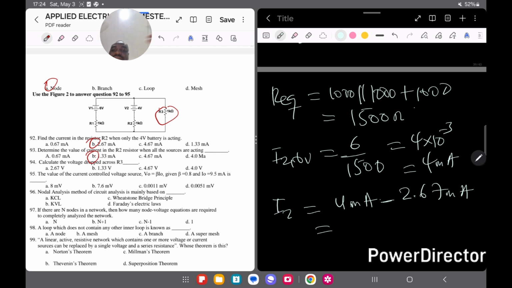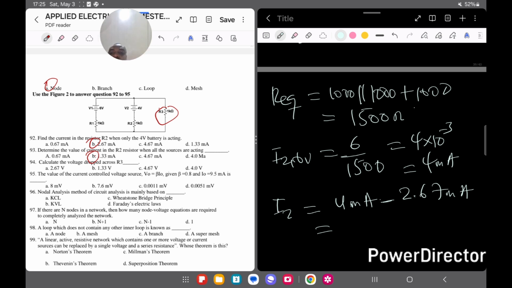So to find this, you can see this one is quite different, right? If I'm to find this kind of question, I'm now having the liberty to use any other method to solve for the voltage across the R3. Why?